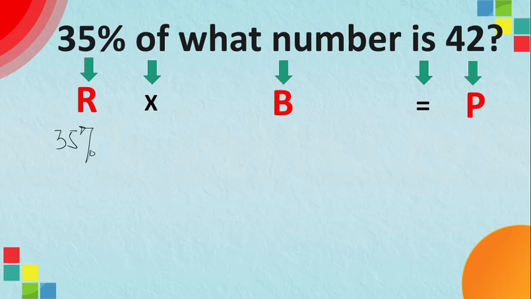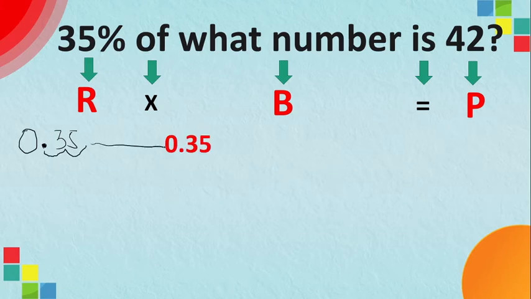For a shortcut method, instead of dividing it by 100, we can just ignore the percent and move two decimal places to the left and add a decimal point and 0. So rate will be 0.35. Then times base, which has no given value, and equals, and the value of P is 42. So this will be our mathematical equation.